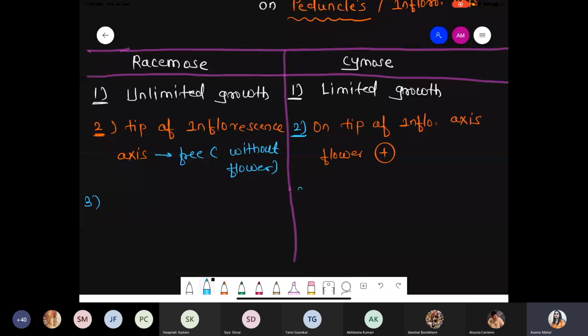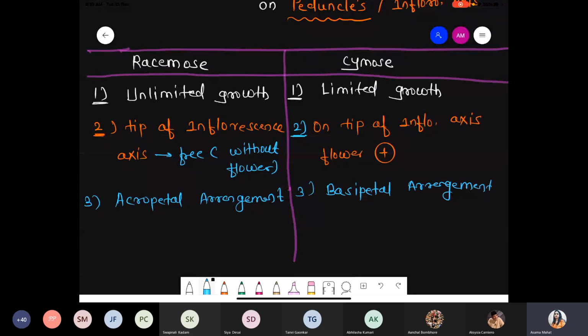So the third point is arrangement. Racemose shows acropetal arrangement, and when you compare this with the cymose, they show basipetal arrangement. So what is the meaning of acropetal and basipetal?